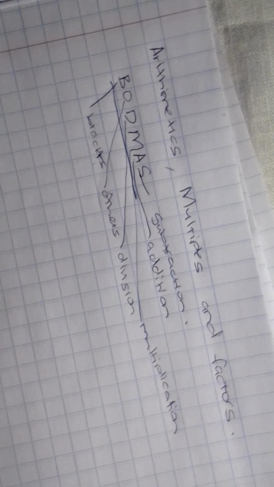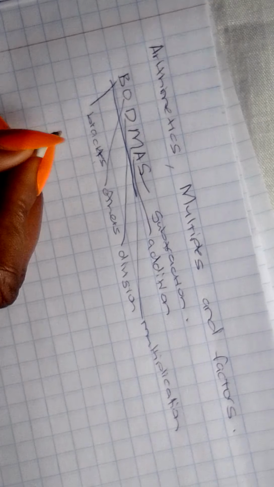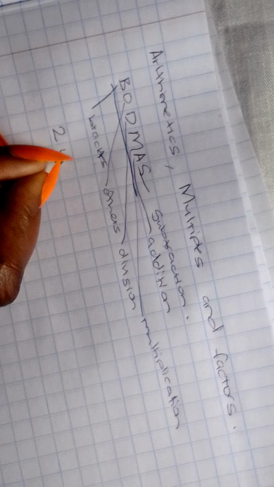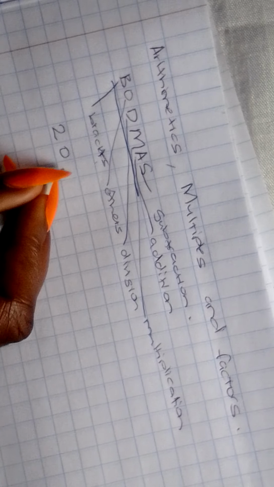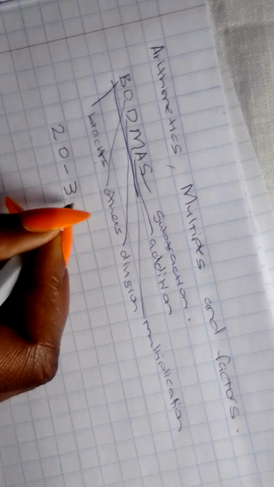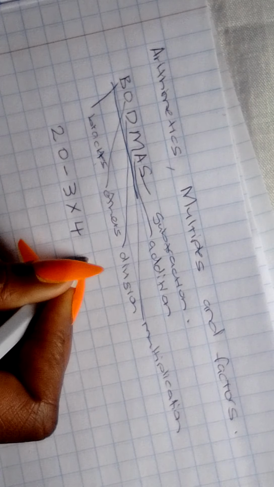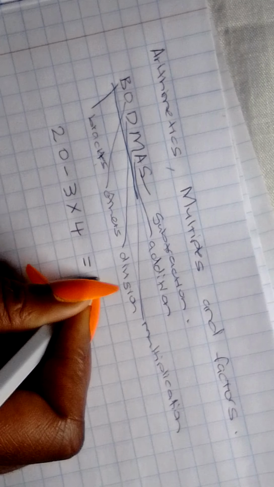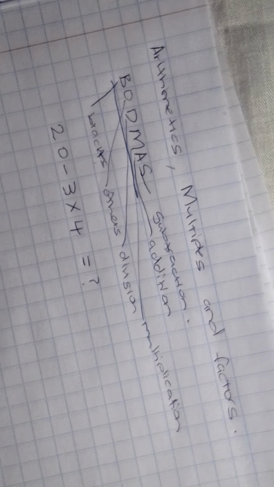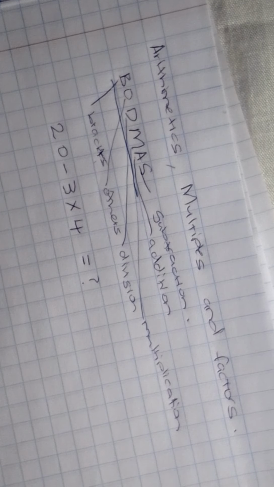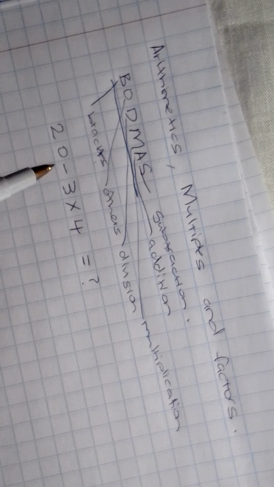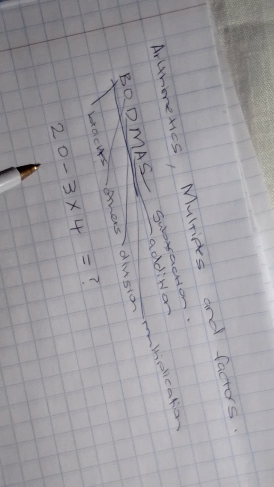For example, we have this question which says 20 minus 3 multiplying by 4, find the answer. Looking at this question, a minus goes with the 3.